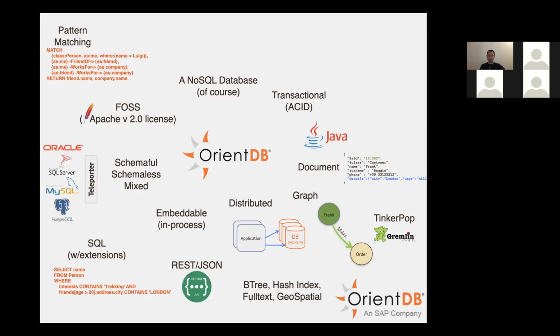You can connect OrientDB to relational databases with a tool called Teleporter. That is part of the main OrientDB distribution, by the way, and it's also open source. OrientDB will do the translation for you. It will transform the relational model into a graph model, create the schema for you in OrientDB, and also copy the original relational database inside OrientDB, so that you can start to play with that in a few minutes.